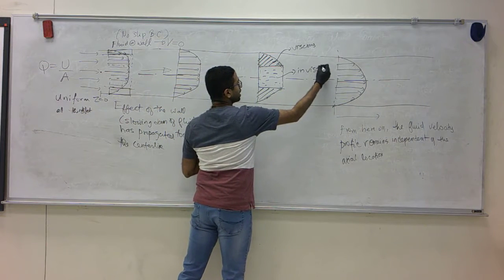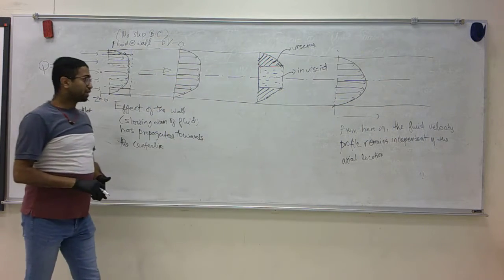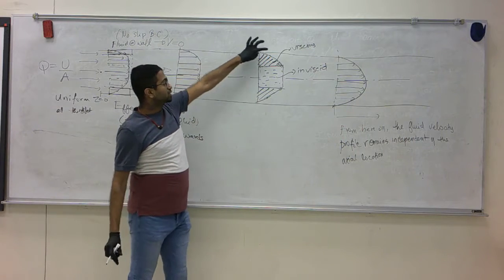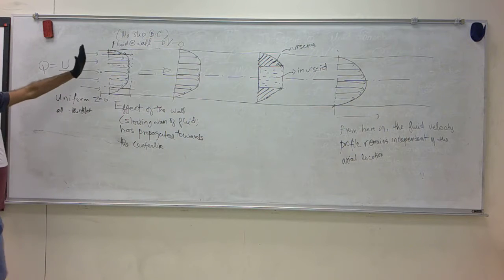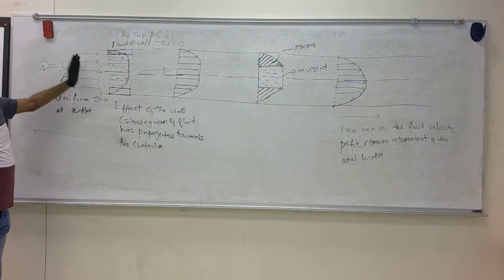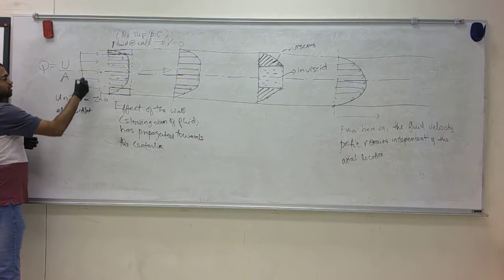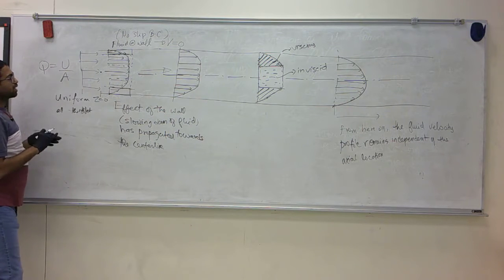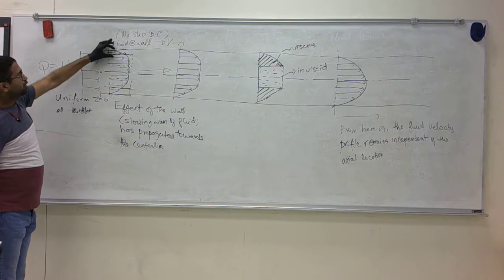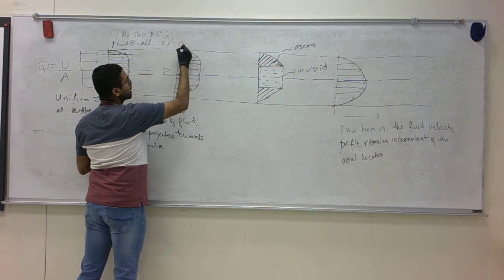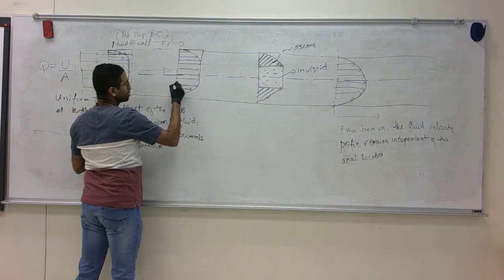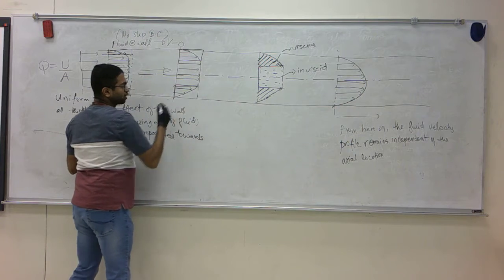That is, this part has not felt the effect of viscosity yet, whereas this part has. Initially, the portion is entirely inviscid. The amount of viscous region grows slowly as the profile evolves along the pipe.